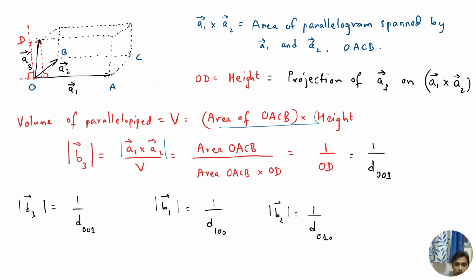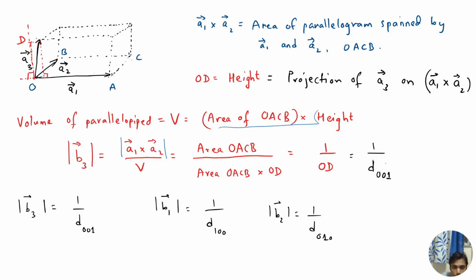Since it is along B3, with a non-zero component along B3, we say 001. If there is a non-zero component along B1, we say D100, and if it is B2, we say D010. In crystallographic notation, these correspond to the shortest distance between the planes for a particular direction.